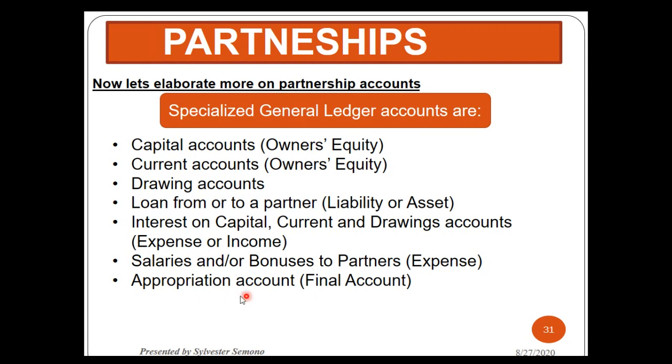Sometimes they use ratios. Sometimes we can even divide equally, depending on the partnership agreement. So in a nutshell, the appropriation account is an account that is used to distribute the remaining profit amongst the partners. Okay, so this is very important.